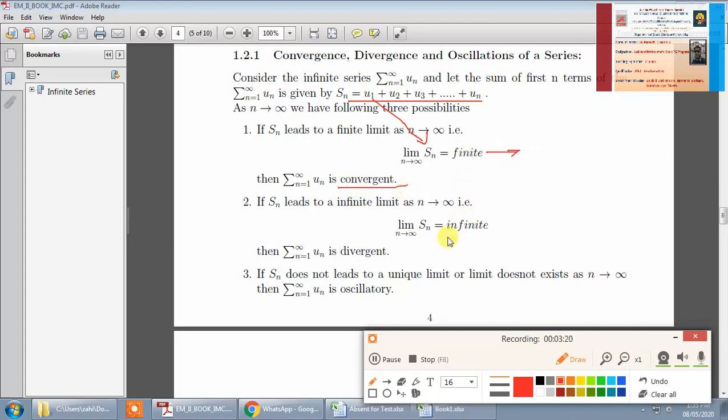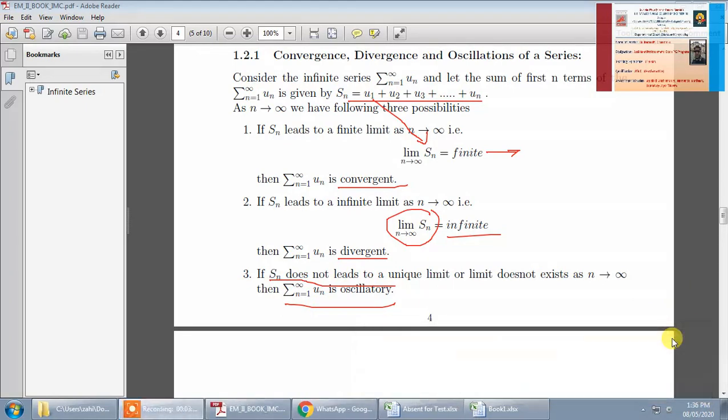If it is infinite, then it is called divergent, and if this limit is not fixed or does not exist, in that case we say that it is oscillatory. So if the limit as n tends to infinity of sn does not exist, then that series is oscillatory. So that is the definition of convergence, divergence and oscillation of series.